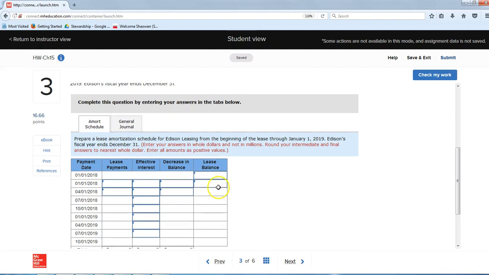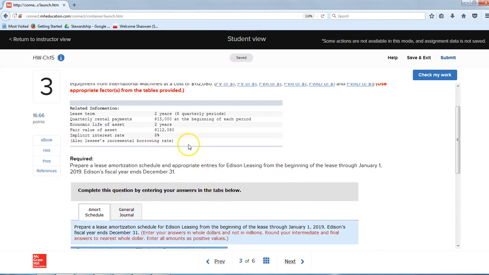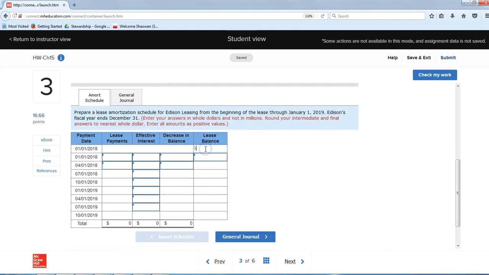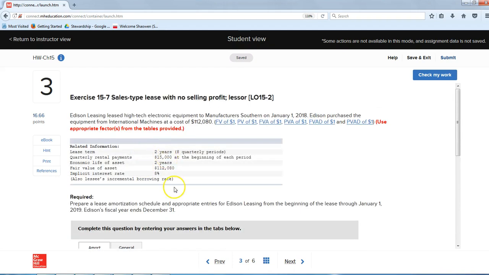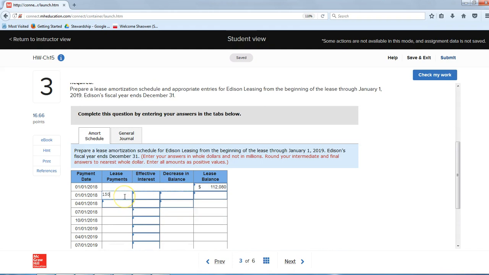The initial balance will be the price of the asset, $112,080. The lease payment is already given, $15,000, and it is paid at the beginning of every period. So on the same date, the contract starting date, there are 2 lines.